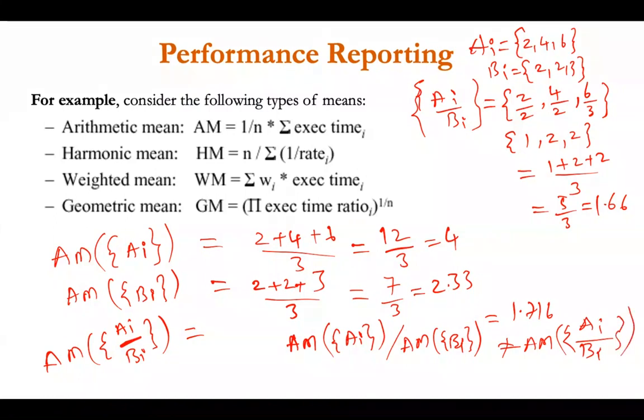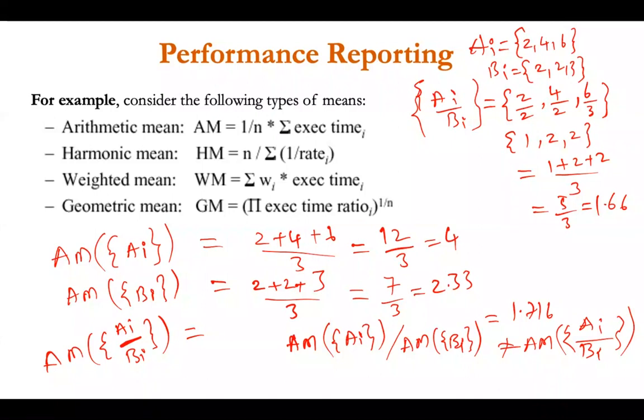What it says is that the normalized results are not easily understood or accurately compared with the arithmetic mean, because the mean of the ratio between two series of measurements is not the same as the ratio of the series means. So instead, normalized results should be combined with the geometric mean. Here the results are not the same, so it will combine with the geometric mean.